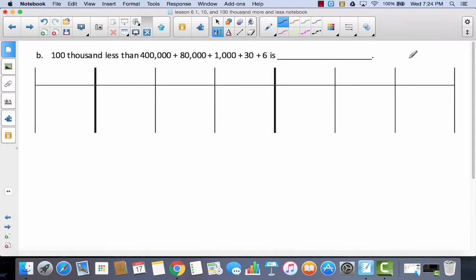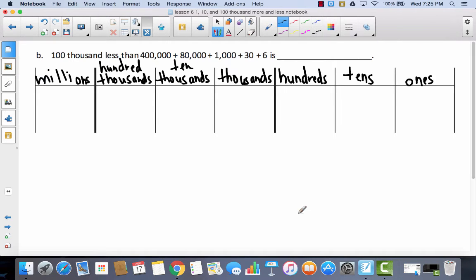All right, so again, you need to label your place value chart. I'm going to pause the video and label my place values, and I want you to label yours also. Okay, let's check our labels.